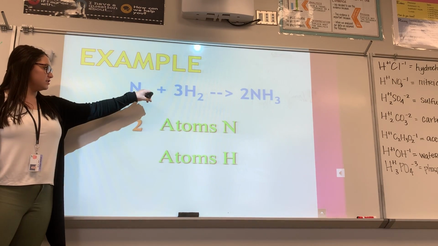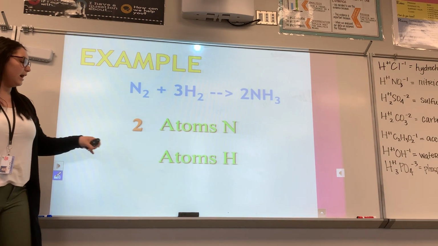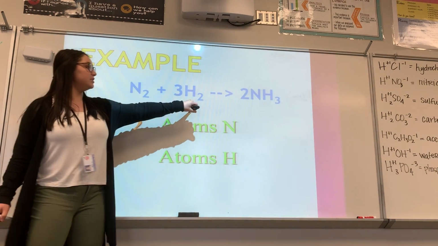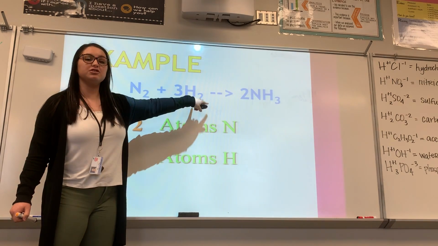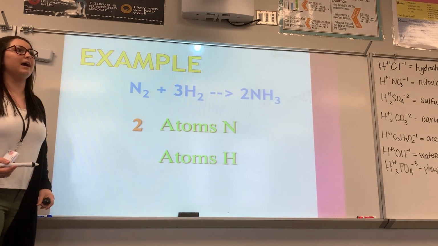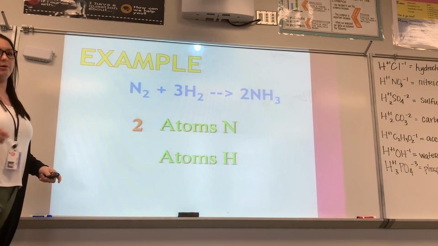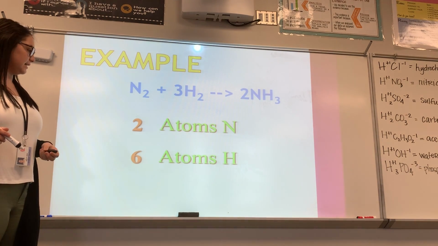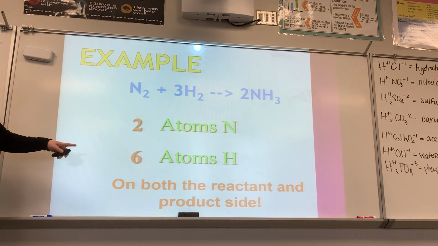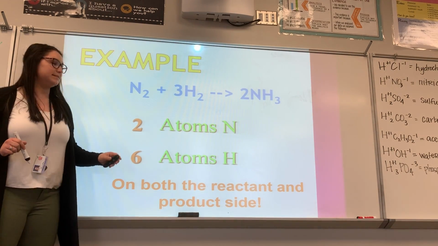Now looking at this, our subscripts means how many atoms we have. How many atoms of H do we have? It won't be 2 because I have 2 H2 molecules, but I have 3 of the H2 molecules. So how many atoms of hydrogen do I have? 6. We have 6 atoms of hydrogen on both the product and the reactant side.